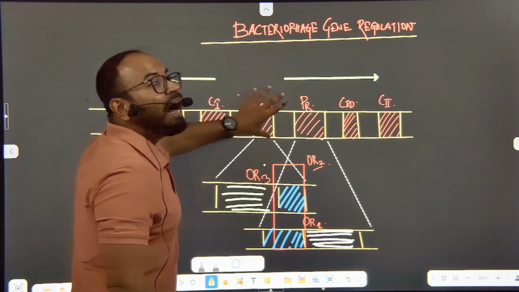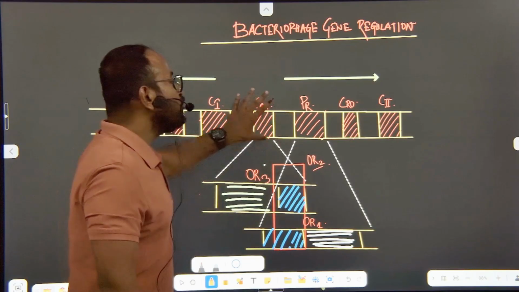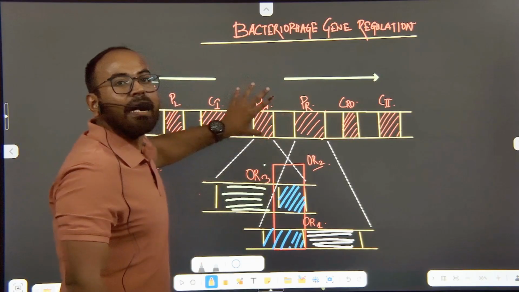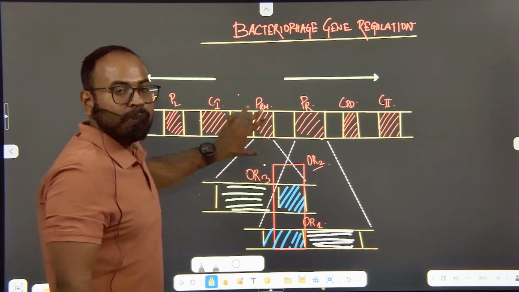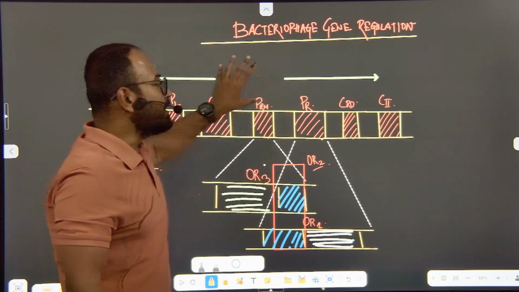Next comes PRM, which is another weak promoter. RM means repressor maintenance.